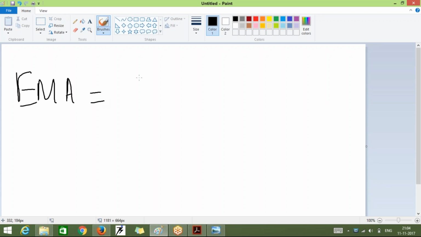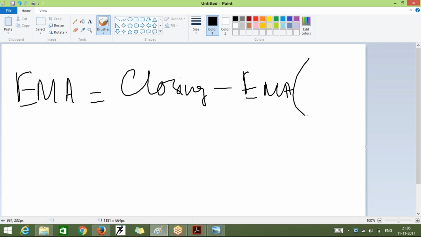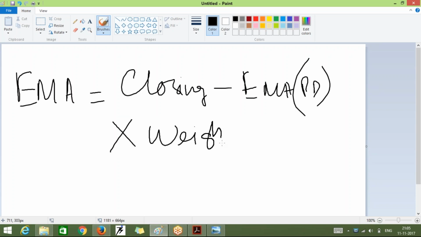It's the closing price minus the EMA of the previous day, which is being multiplied by the weight which we calculated, plus the EMA of the previous day.